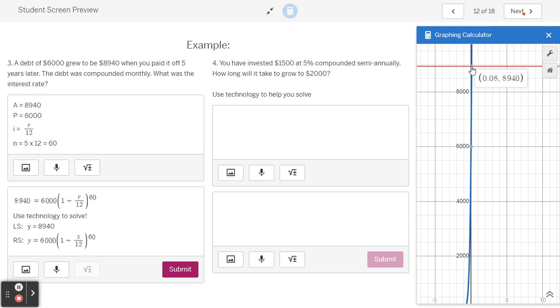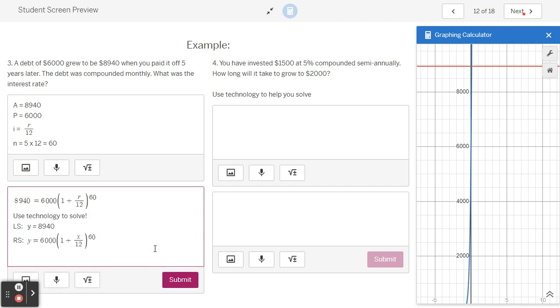Okay, the point of intersection is 0.08 and 8,940. So for us to interpret this, x is our yearly interest rate.